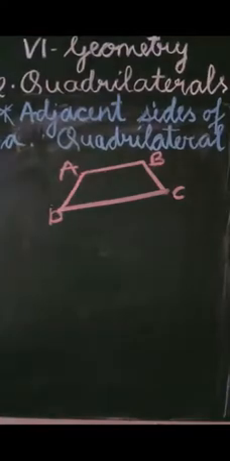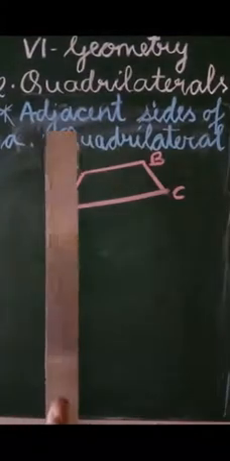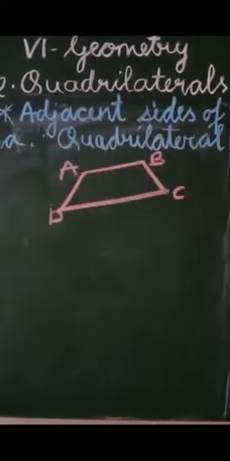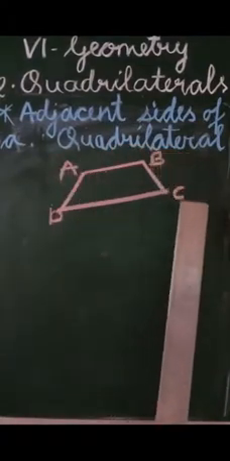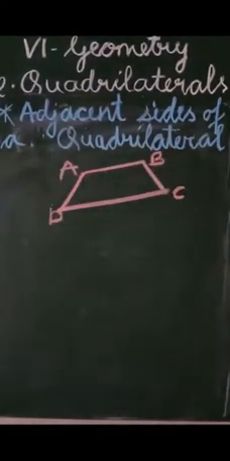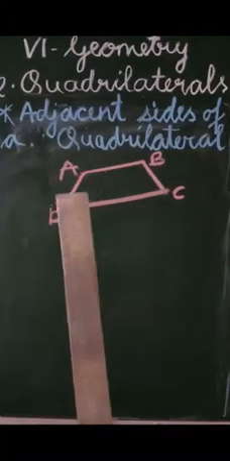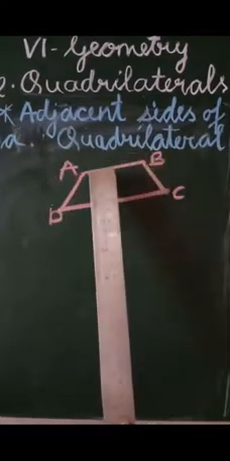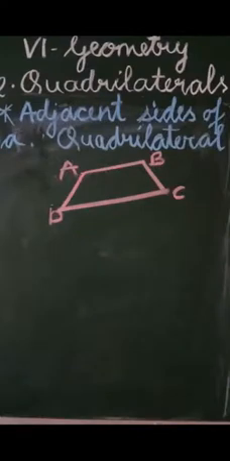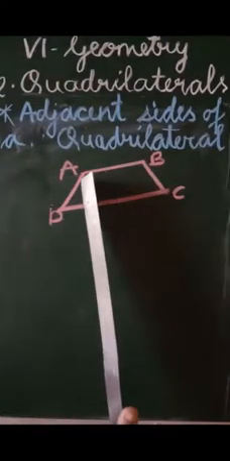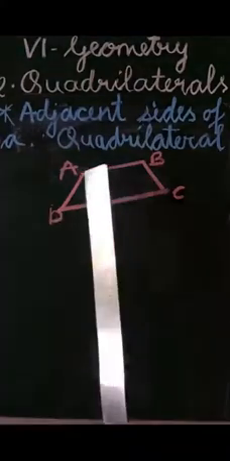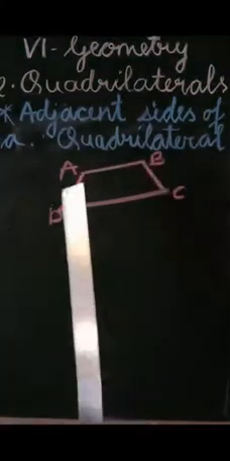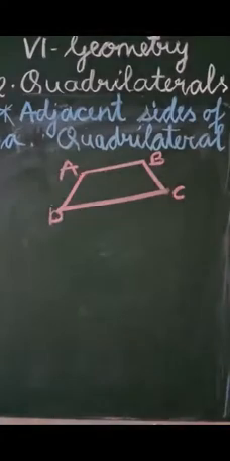So now we'll begin with the next point, that is adjacent sides of a quadrilateral. Here we are having a quadrilateral ABCD. In this quadrilateral, side AB and side AD have a common vertex A. So children, side AB and side AD are called adjacent sides.